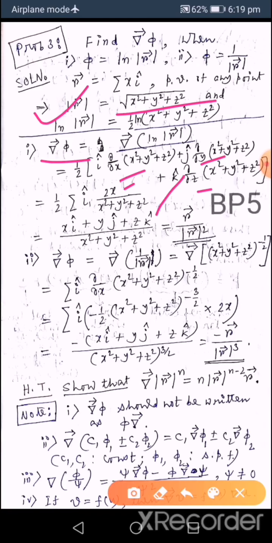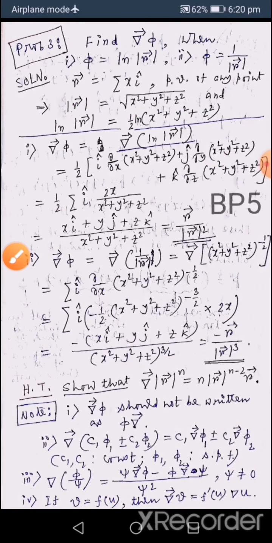We are taking only the first component and putting a summation sign at the beginning. Similarly for the other two terms. So the 2 will get cancelled, and we have only x in the numerator, means xi, and similarly for the other two terms, yj and zk.